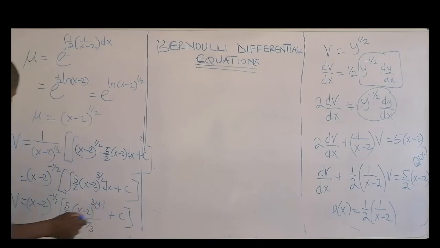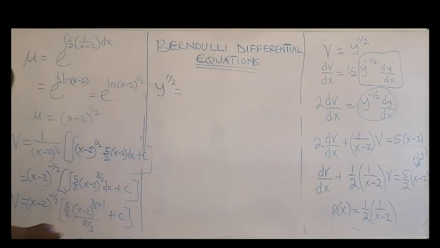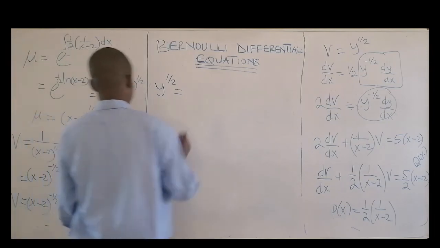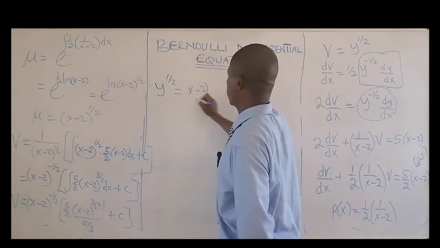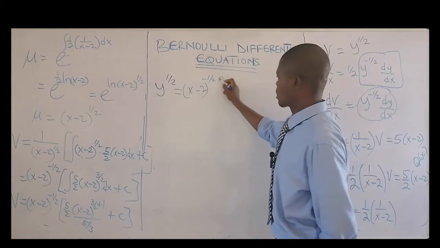I can return this one back as y to the power half equal to x minus 2 to the power minus half, into brackets.